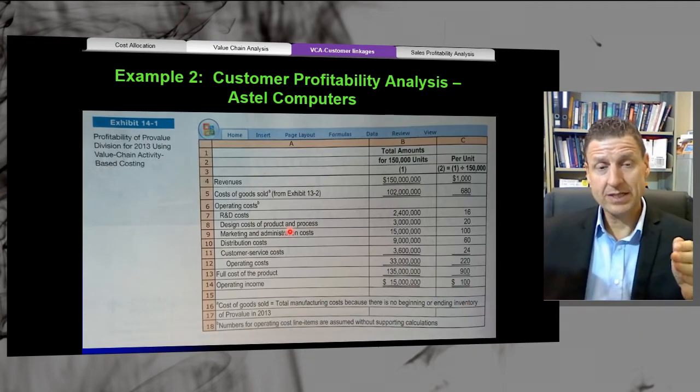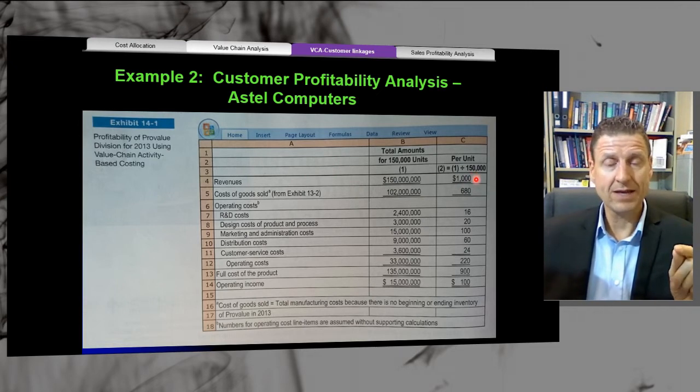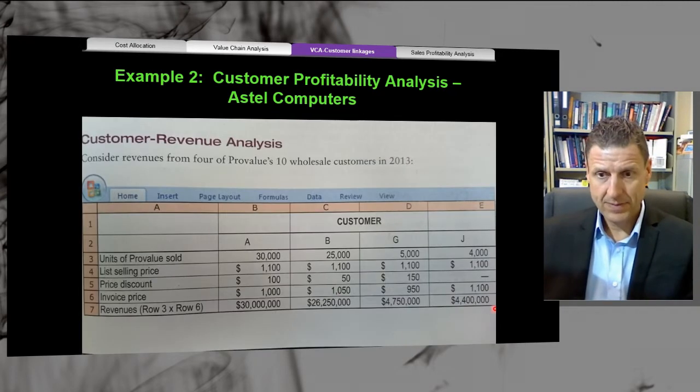So we want to remind ourselves what we're talking about. Pro Value, taken from an earlier chapter of target costing analysis, had a cost of goods sold of $680. Pro Value was selling on average each computer for $1,000. Of course, as we saw from the previous exhibit, some customers on average were only paying $950, others were paying $1,100 or $1,050.